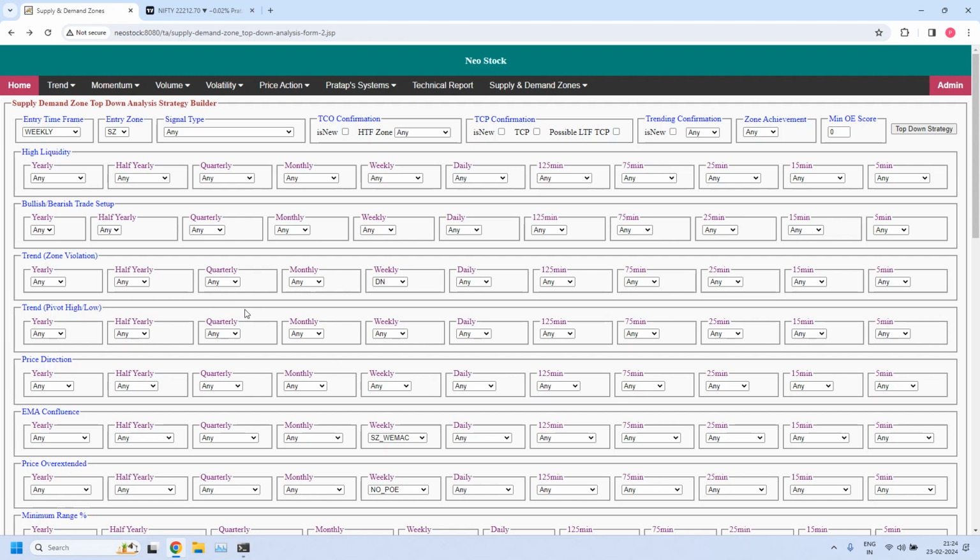And in 17.3 and 17.4, we learned the actual concept, our supply demand zone EMA Confluence concept and price overextension concept. Both together, we defined a strategy. That is what I explained in lesson 17.4 in our training lessons.